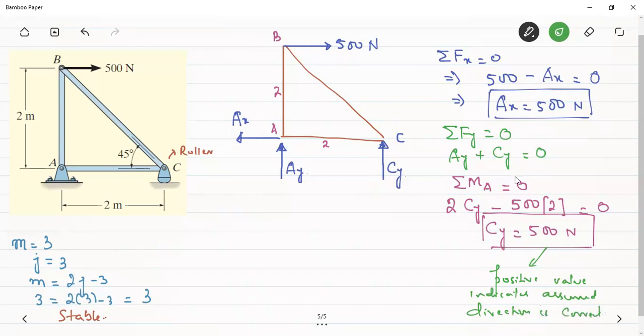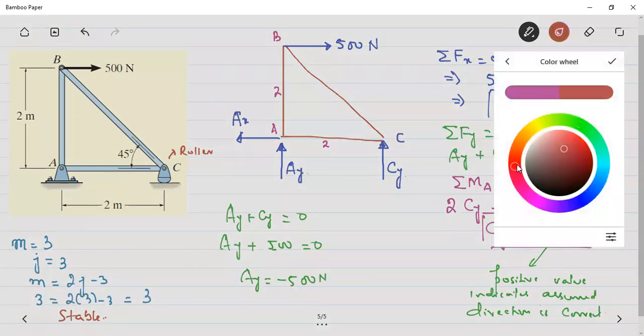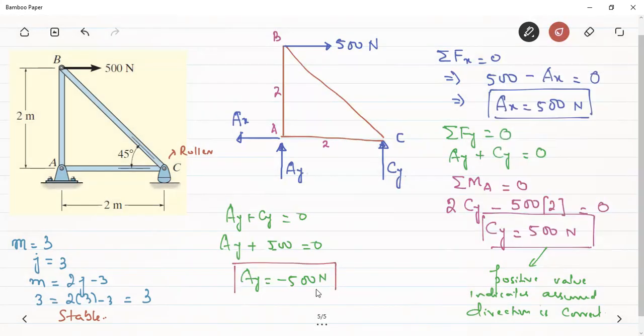Now, substituting the Cy in the second equation, we have that Ay plus Cy is equal to 0. Ay plus 500 should be equal to 0. From here we get that Ay is equal to minus 500. Now what does this indicate? It indicates that this negative sign means our assumed direction of Ay is incorrect.